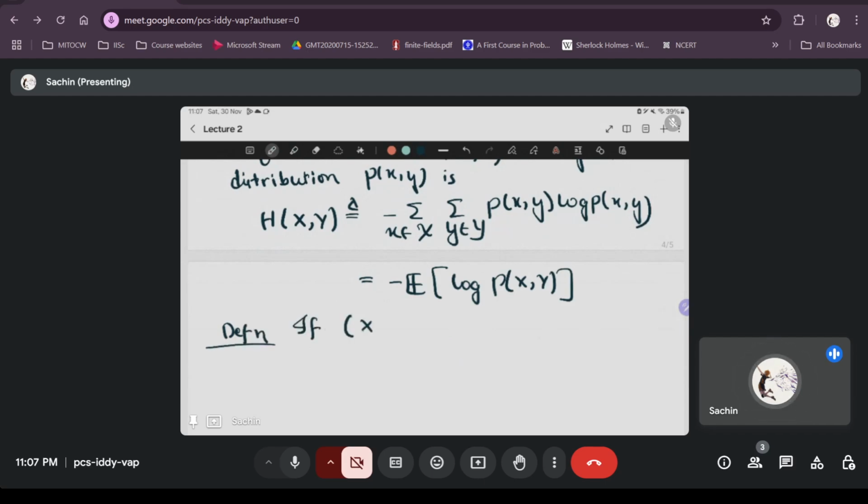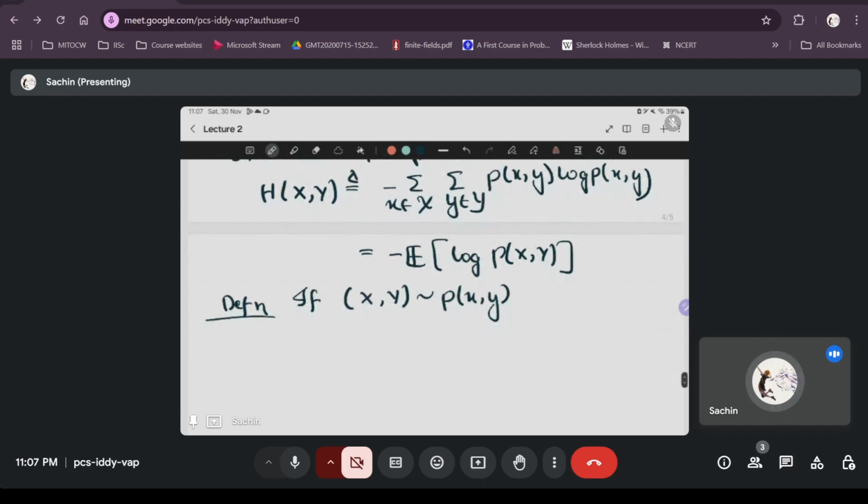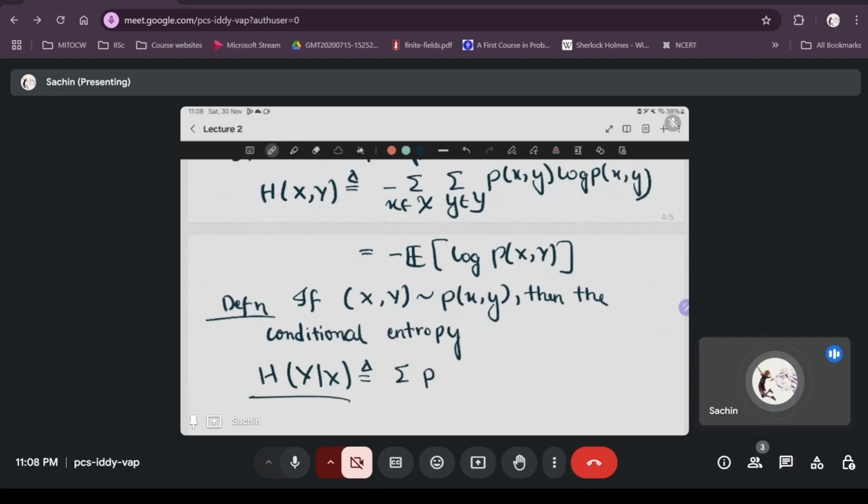So if two discrete random variables are distributed according to the probability distribution function p of x comma y, then the conditional entropy will be defined as H of Y given X, where, by definition, this is just notation.